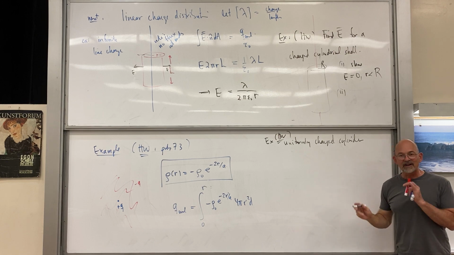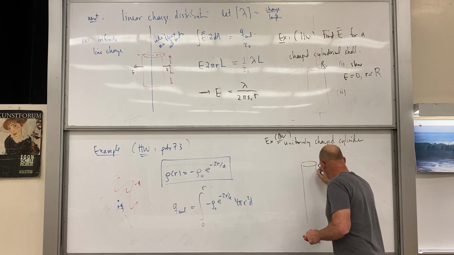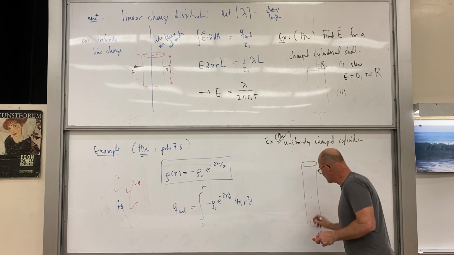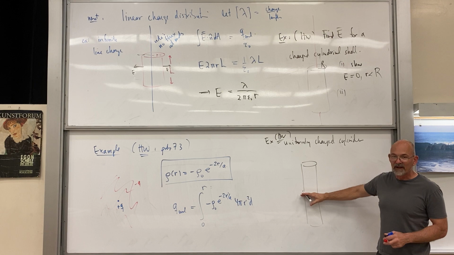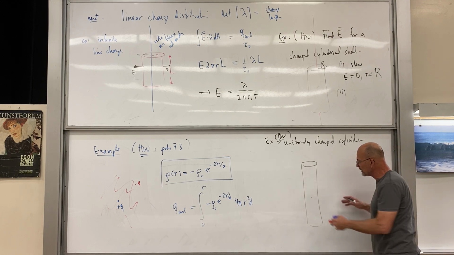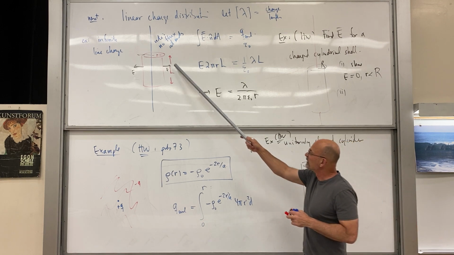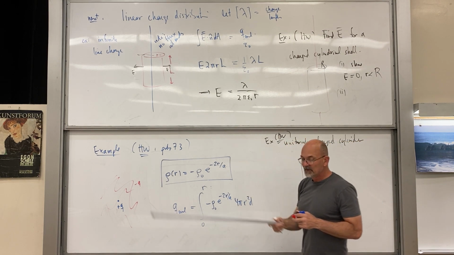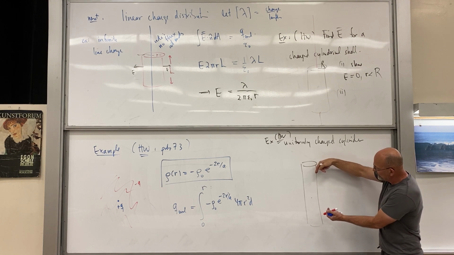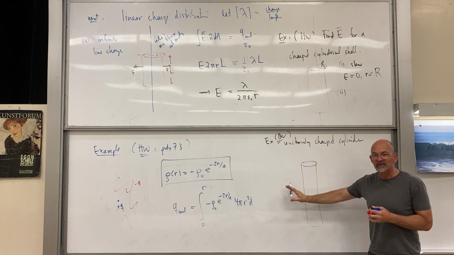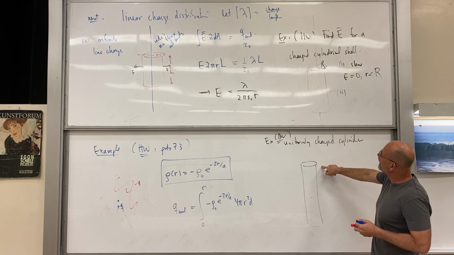Now the cylinder is not going to be infinitely long, so they tell you to consider the field at the midpoint, in a plane perpendicular to the midpoint, and then you can do the same symmetry arguments we did for the infinite shell to say that any non-radial components cancel each other.